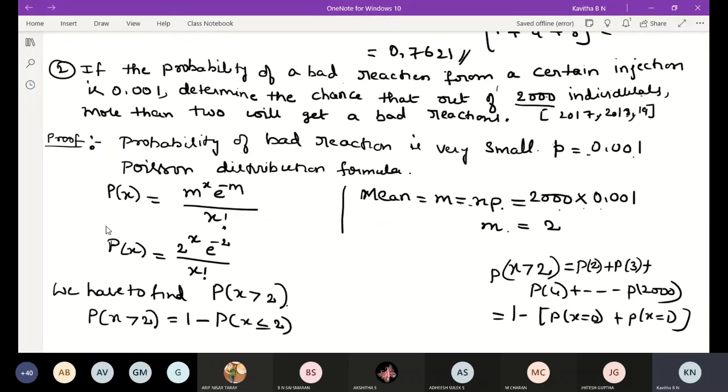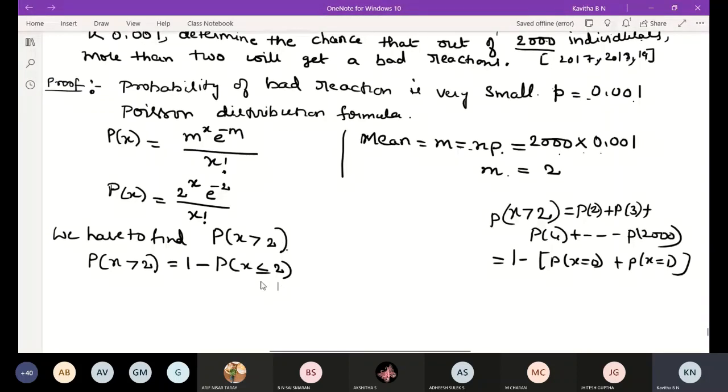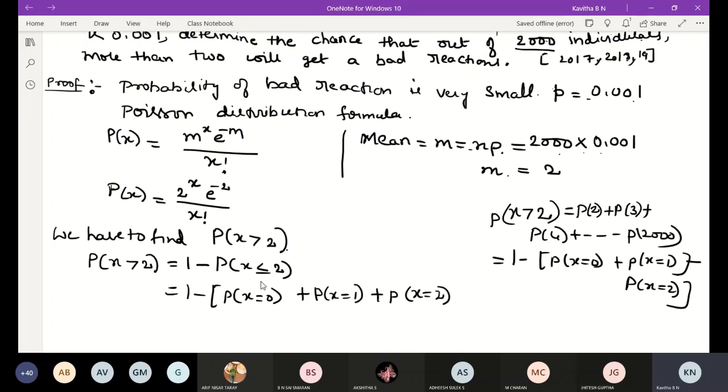P of x less than or equal to 2 is more than 2, no? Means one more here: P of x equal to 0 plus P of x equal to 1 plus P of x equal to 2.